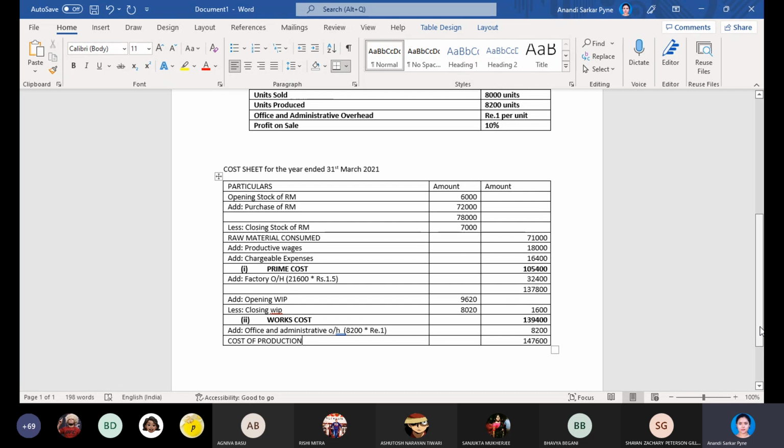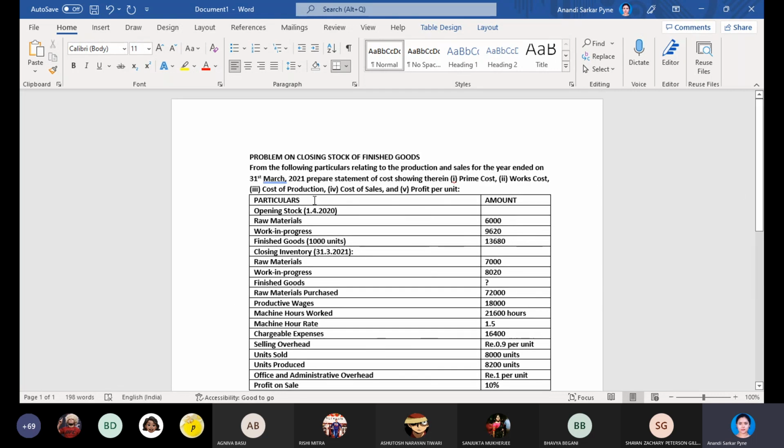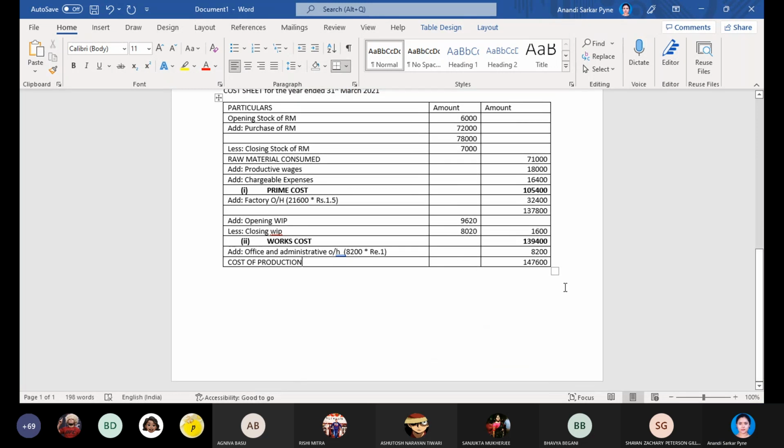Did the question ask about cost of production? Yes. Cost of production, then cost of sales. So along with this, we will be adding the opening stock of finished goods and deducting the closing stock of finished goods. Ma'am, cost of production will be number 3. Number 3 is there in the question.